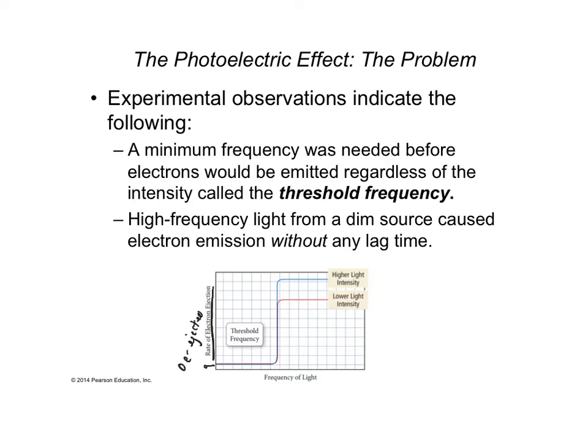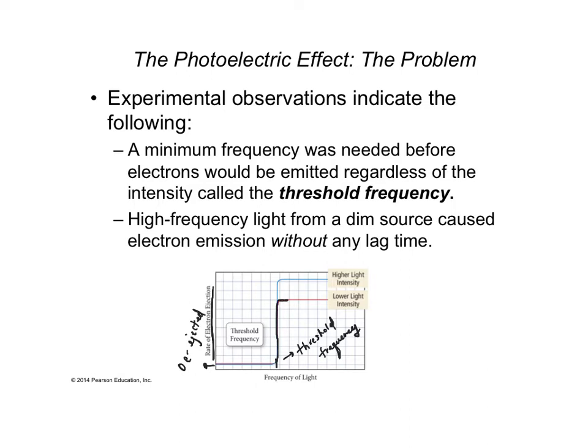What they found was that it did not matter how bright or how dim the light was. They did not see any electrons ejected until they hit a certain frequency, and this is what they called the threshold frequency. Once they hit that frequency, they got electron ejection.